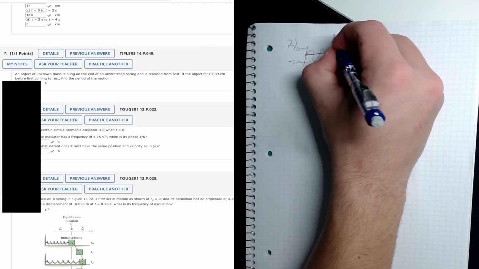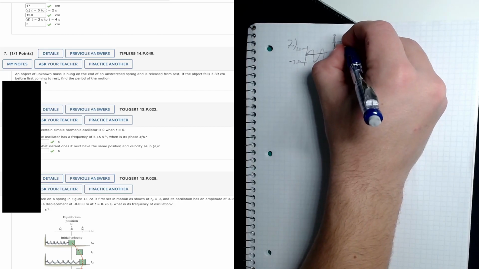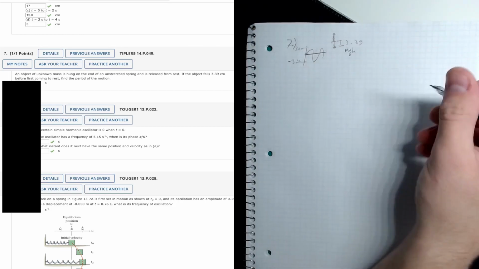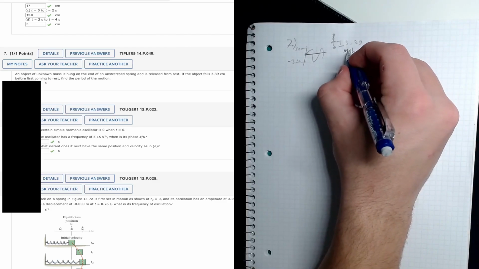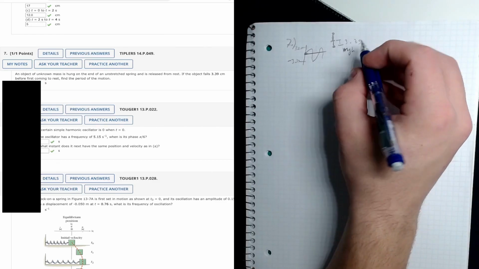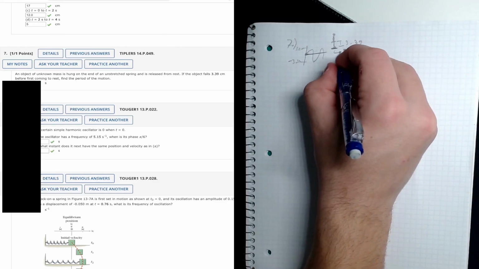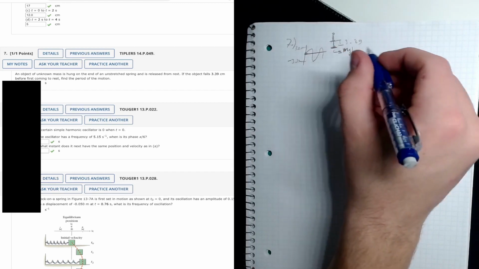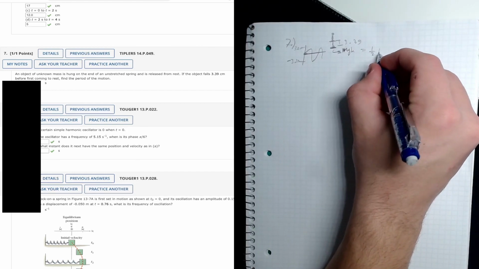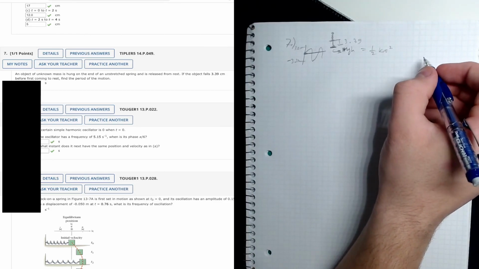Here's our thing. It goes down this distance, 3.39. We have mgh here. H is going to be this baseline point right here. And then this point right here is going to be 1/2 kx squared, law of conservation of energy.